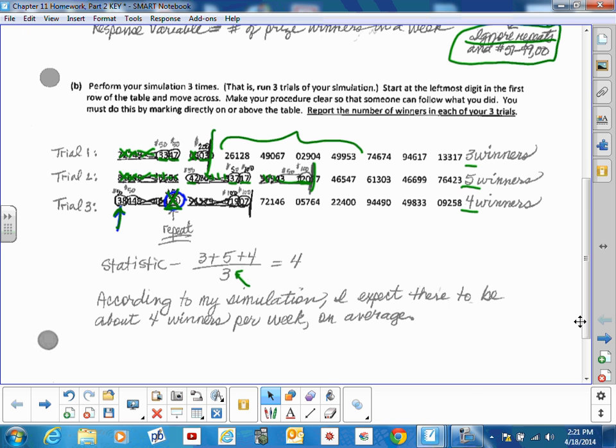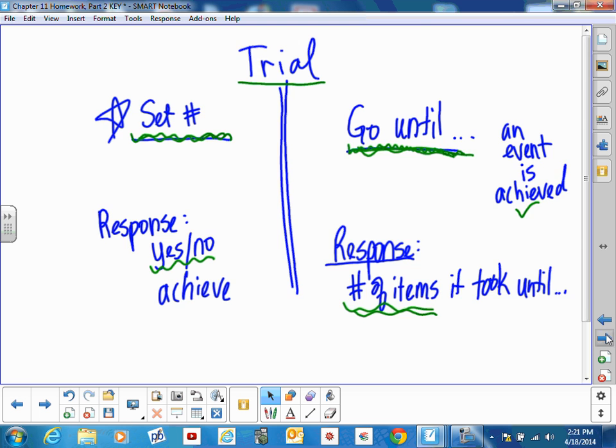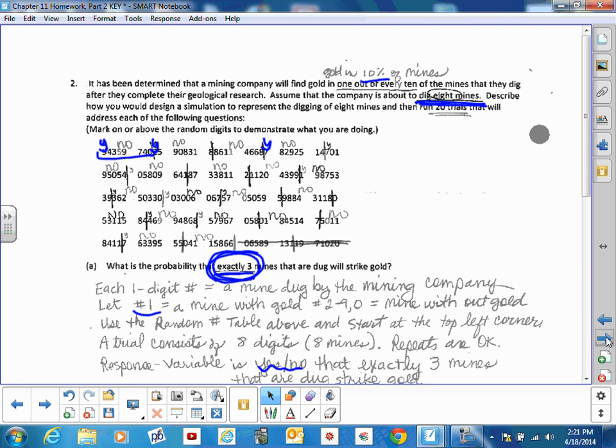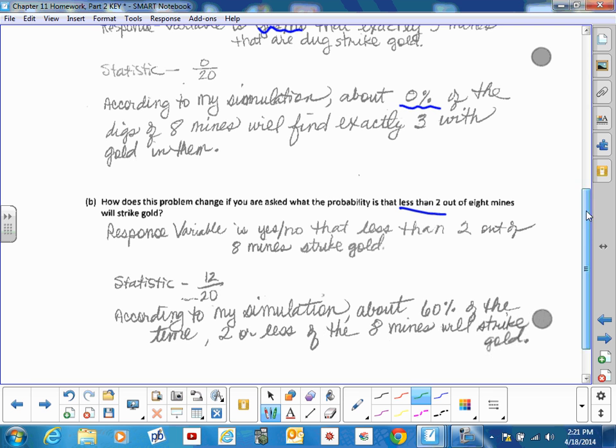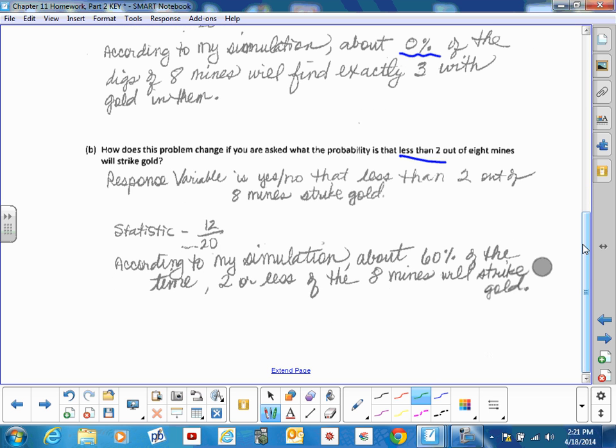Okay. All right. Then let's now, I do want to mention that on this first problem with the 8 mines, the goal you were trying to achieve was your yes/no: did your 8 digs have exactly 3? But then look, when this changed to question B, do your 8 digs contain less than 2?